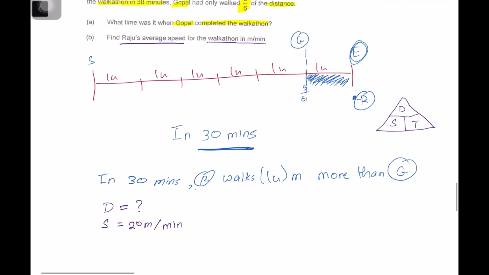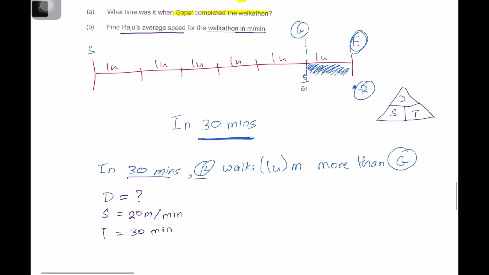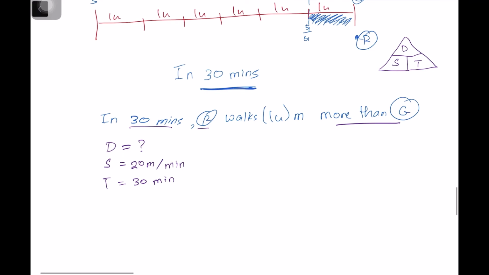The speed of Raju is 20 meters per minute more than Gopal, and the time is 30 minutes. So to find the total amount of distance that Raju walks more than Gopal in 30 minutes, we multiply 20 meters per minute by 30 minutes.